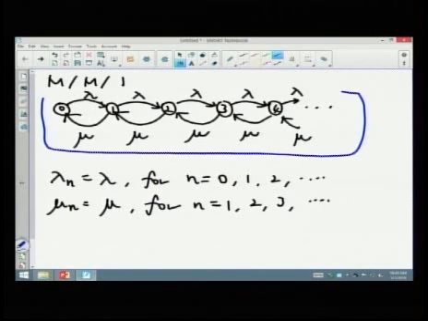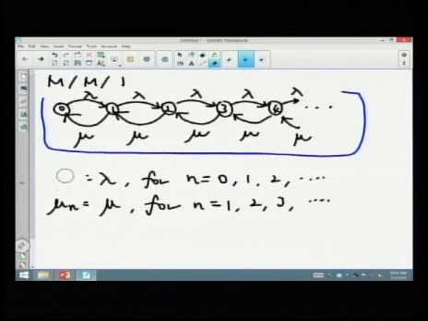So obviously this is a birth-death process. So we should be able to use the streamlined version of the balance equation, right? So let's use that.